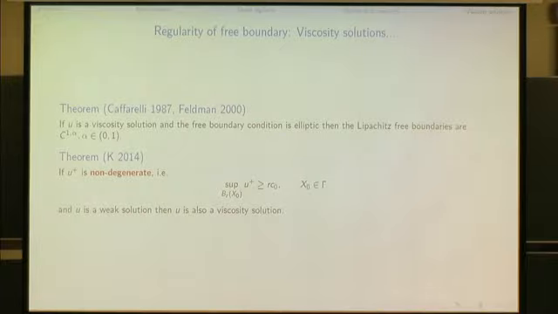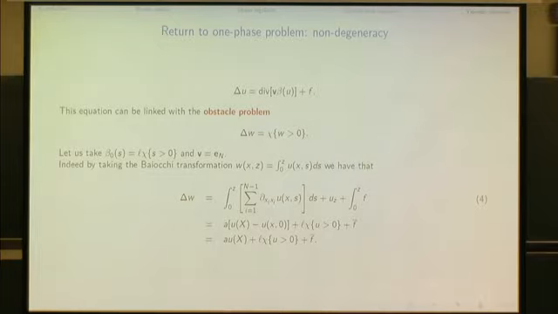But actually, one can justify why your u plus is going to be non-degenerate. And the justification comes from a relation that I already mentioned between the continuous casting problem and the obstacle problem. So if you consider this equation, let's assume that f is the source term.